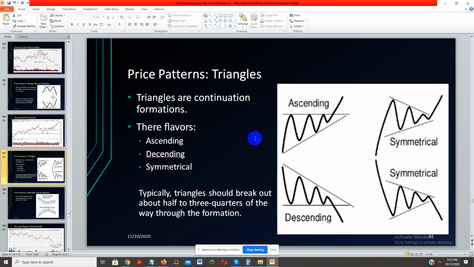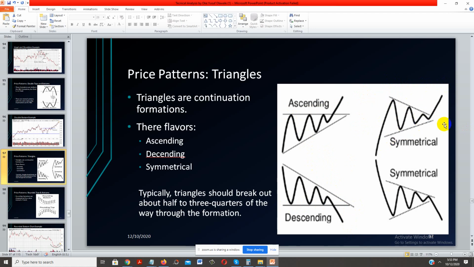Can you hear me? We talked about the ascending triangle, descending triangle, and symmetrical triangle. I said to detect them, for ascending and descending, there's always a straight line where price hits the same point before they break out or break down, depending on whether it is ascending or descending. But for symmetrical, it forms like a normal triangle.